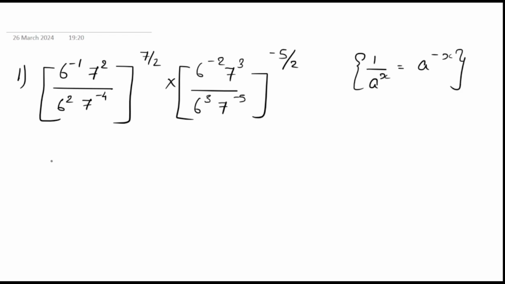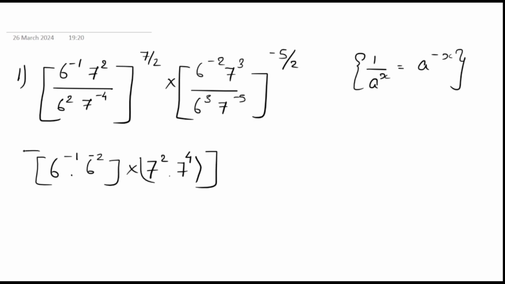So applying that property, we'll get 6 to the power minus 1. This 6 square, I'm bringing it to the numerator into 6 square into 7 square. And this 7 to the power minus 4 in the denominator, I'm bringing it to the numerator. When you bring a power to the numerator, the sign in the power changes. So 7 square into 7 to the power minus 4 becomes 7 to the power 4.